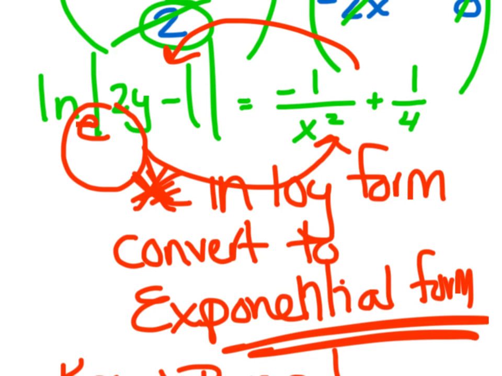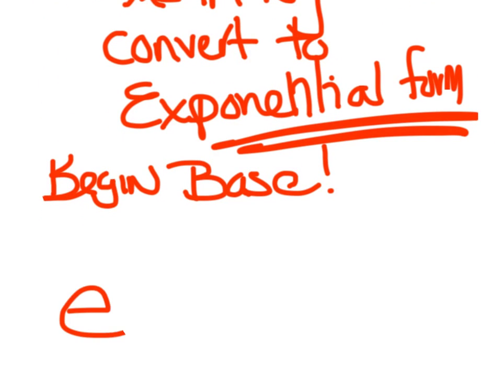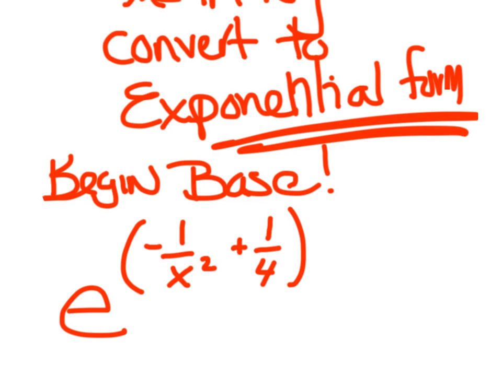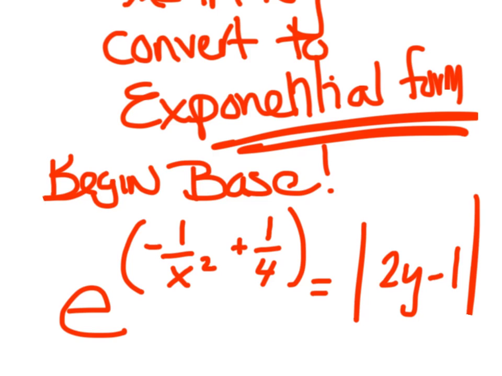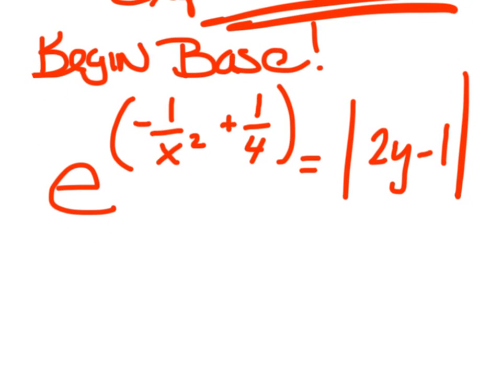It starts with the base, and it goes to the outside equals the inside. So I'm going to say, I can rewrite this as e, go out to the outside there, to the negative 1 over x squared plus 1/4 equals the absolute value of 2y minus 1. Okay, so it's just changing from log form to exponential form.